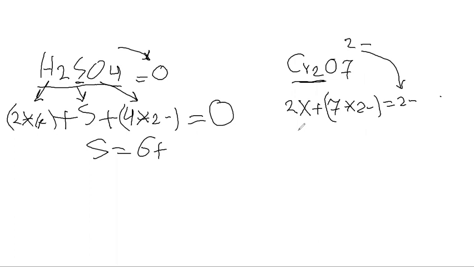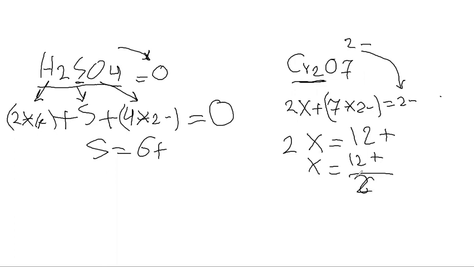Solve mathematically to find X. So 2X will equal 12 positive. Each X will equal 12 divided by 2, which gives 6 positive. So the oxidation number for Cr here is 6 positive.